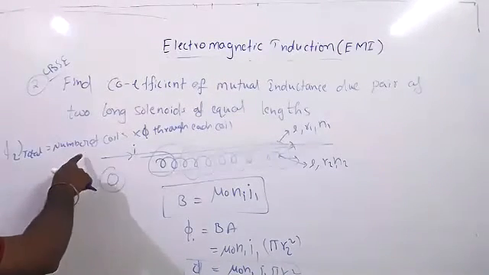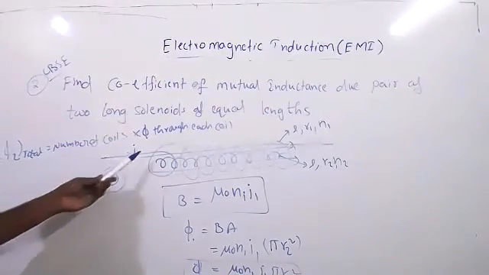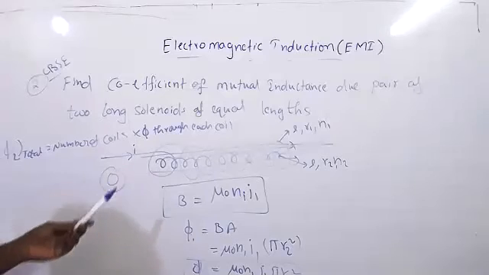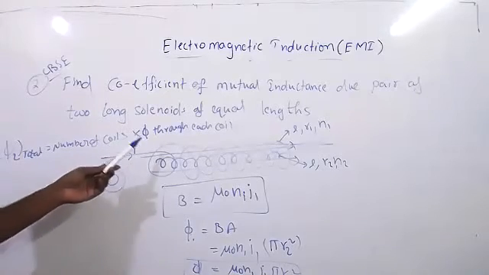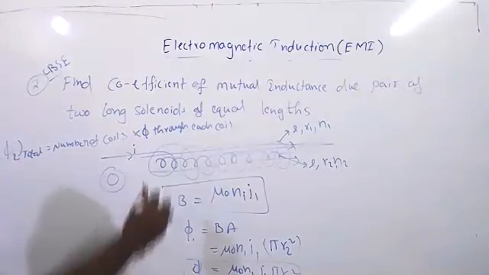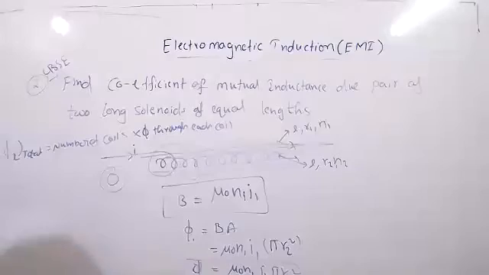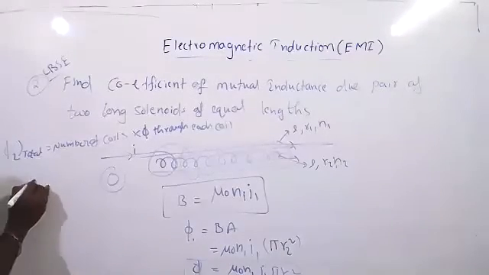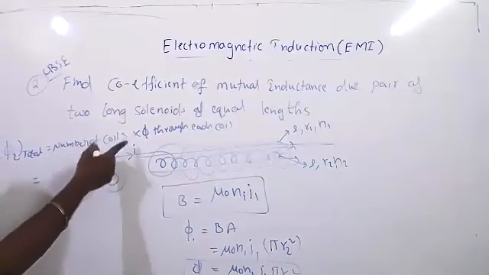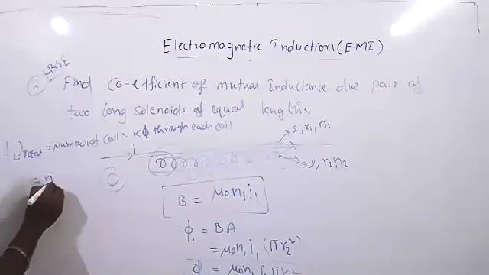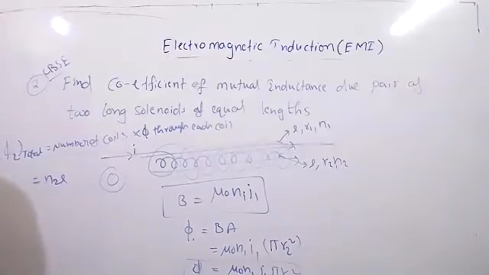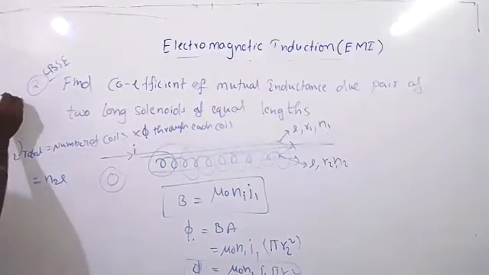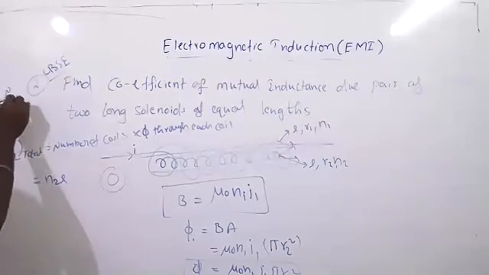So total flux equals the number of coils into the flux through each coil. The number of coils equals N2 L, because N2 is the number of coils per unit length.